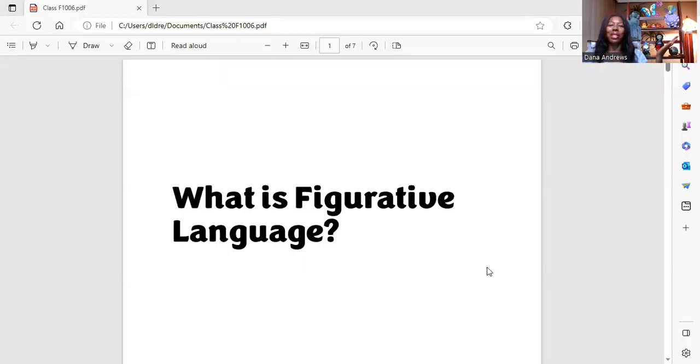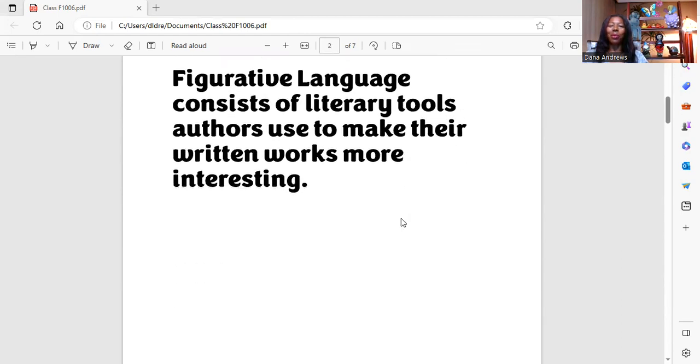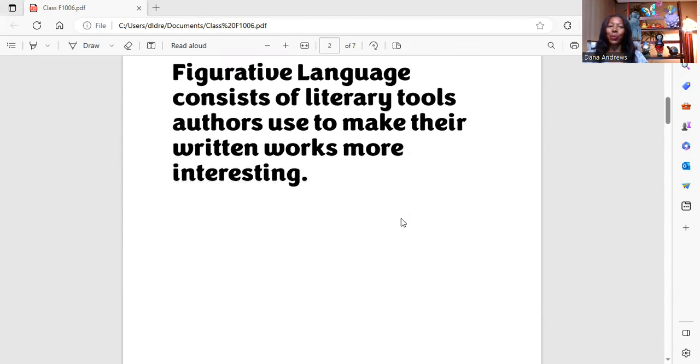Now, of course, we're talking about figurative language, which is the focus. And again, the question of the week, as always, the past 6 classes, what is figurative language? You should know that by now if you've been taking a look at all the classes. Figurative language consists of literary tools authors use to make their written works more interesting. And you could say a bit more fun, a bit more exciting. It just makes you want to read it.